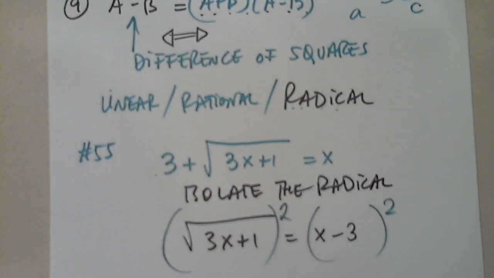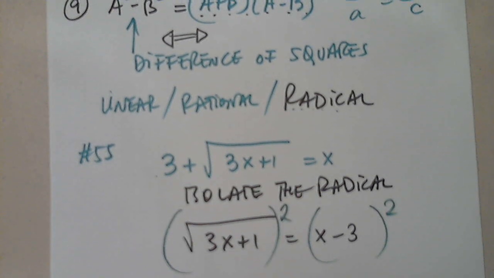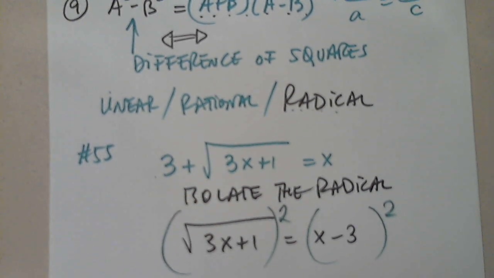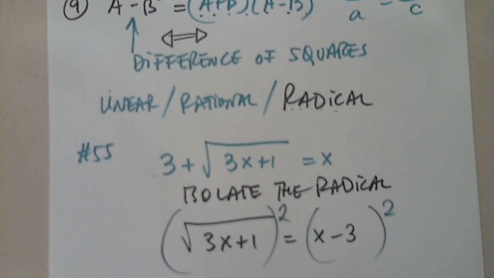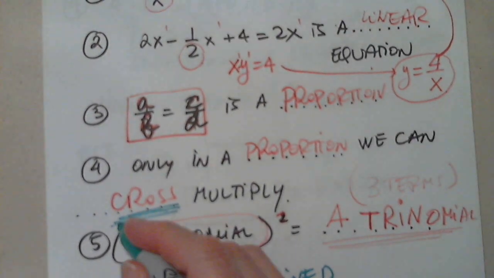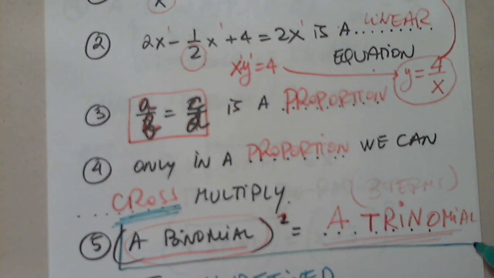Can anyone give us the left hand side? Three x plus 1. Very good. Nice and easy. Can anyone square the right hand side? X squared minus 9. Oh, actually, you're so right.